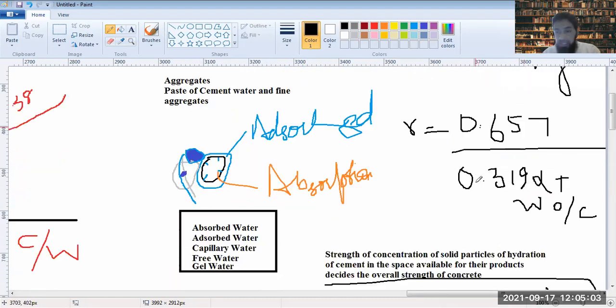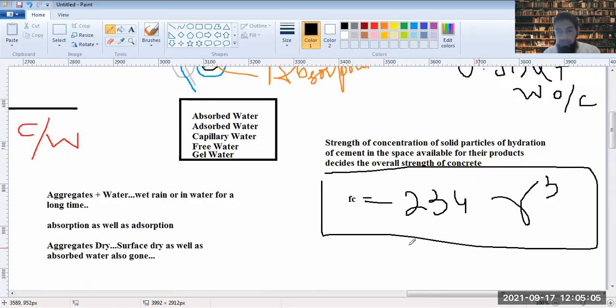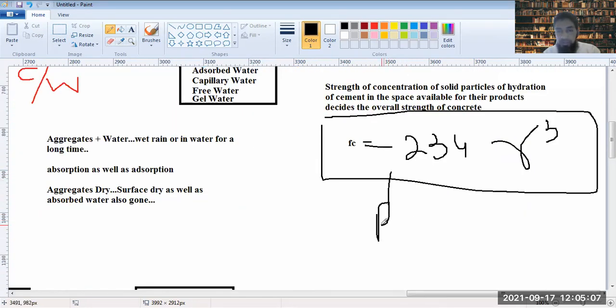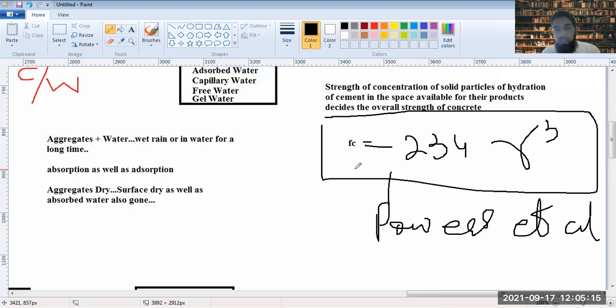This equation was given by Powers. The scientist is Powers et al. There were certain scientists also involved in developing this equation apart from Powers, meaning there are more scientists. So fc is 234 R cube.